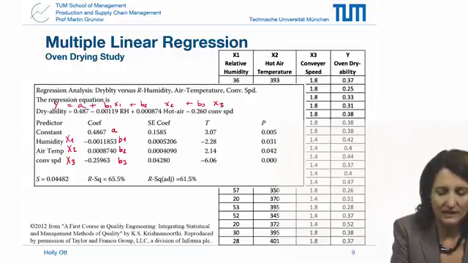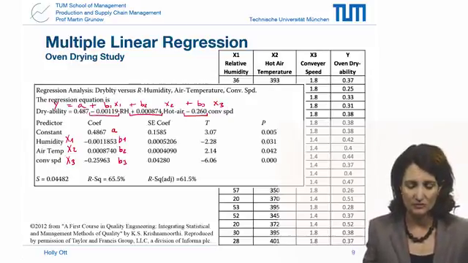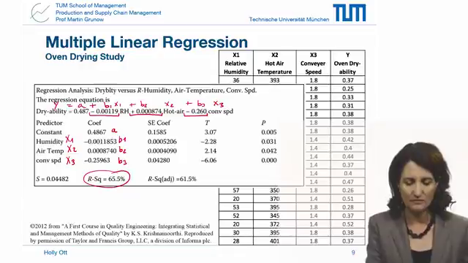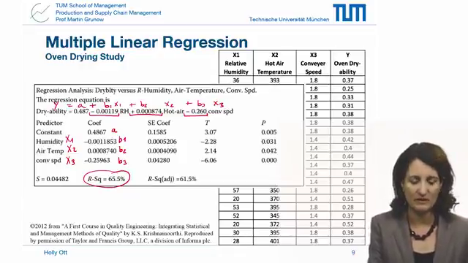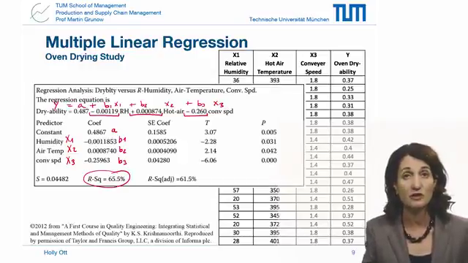And I wrote pluses because actually B3 is negative 0.260, B2 is positive 0.000874, and B1 is negative 0.0019. So we also have here the R squared value. We're not talking about the other R squared values, but this relationship does a much better job. It actually explains 65.5% of our values.